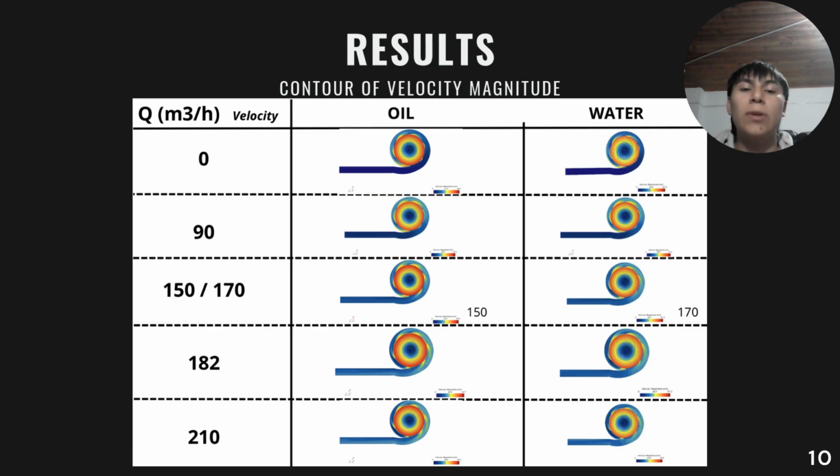These patterns demonstrate that viscous effects suppress flow acceleration and increase hydraulic losses. At maximum flow rate, water maintains continuous acceleration, while oil shows deceptive velocity patterns, reinforcing the 40% head loss previously quantified.